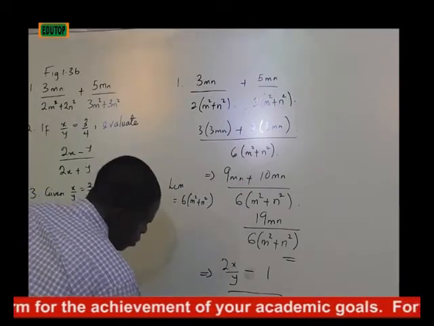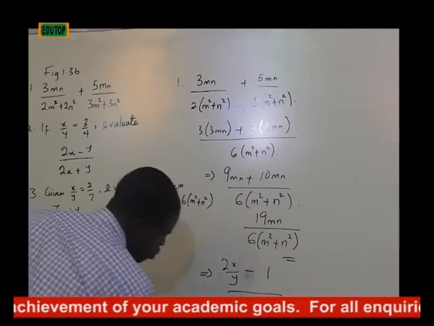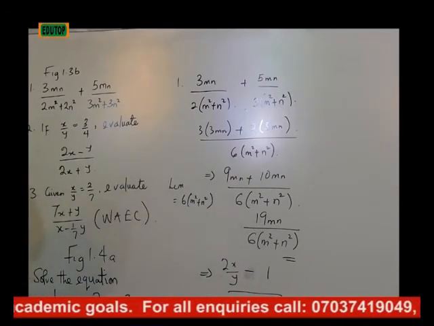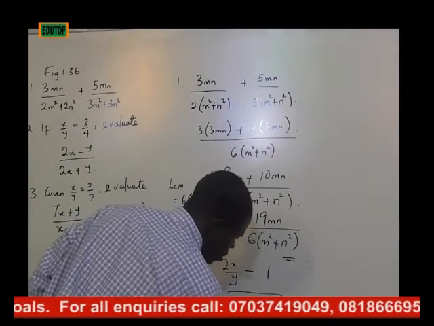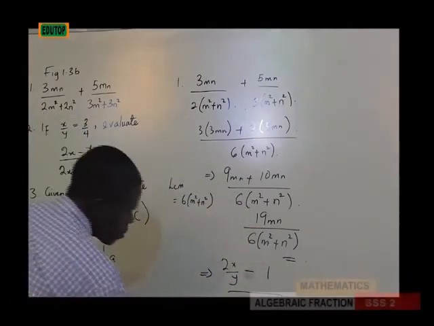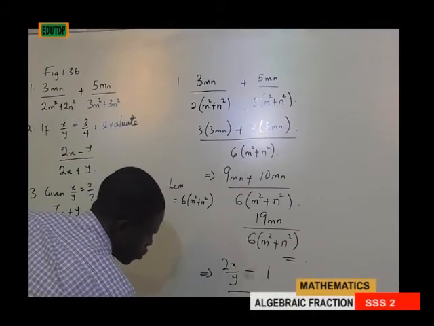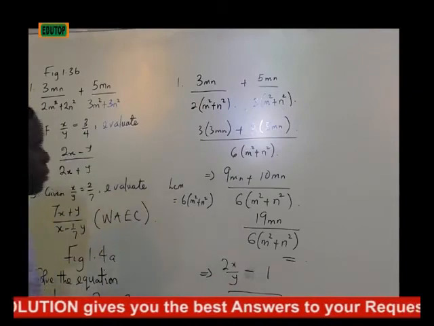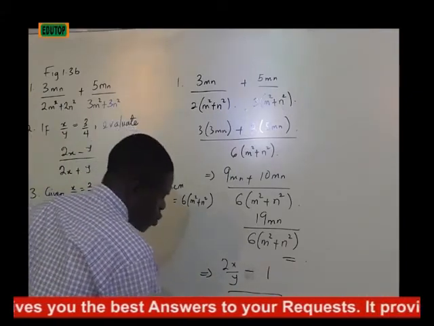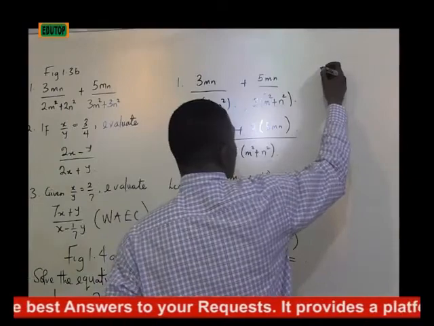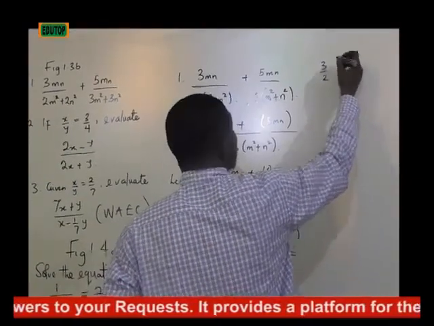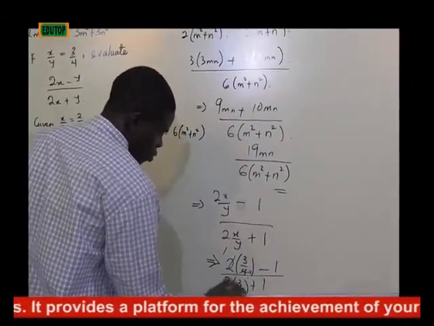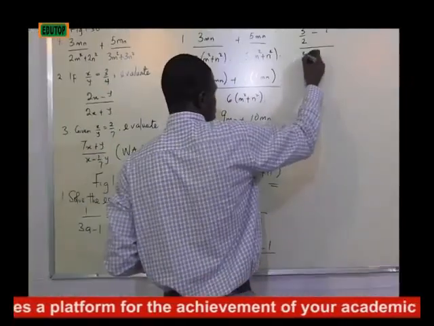So to simplify this, we are going to have 2 into 3 over 4 minus 1 over 2 into 3 over 4 plus 1. 2 here 1, 2 here 2. So we have 3 over 2 minus 1 over, 2 here 2, 2 here 1. Then we'll have 3 over 2.